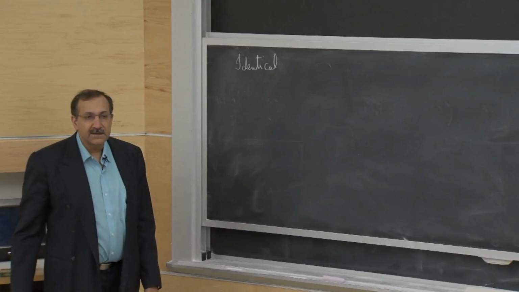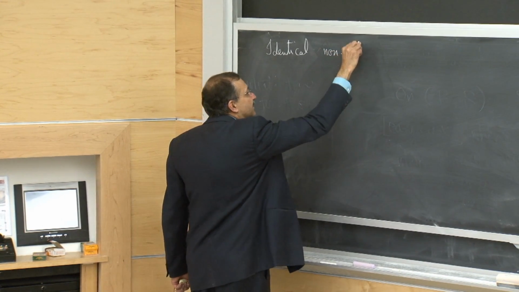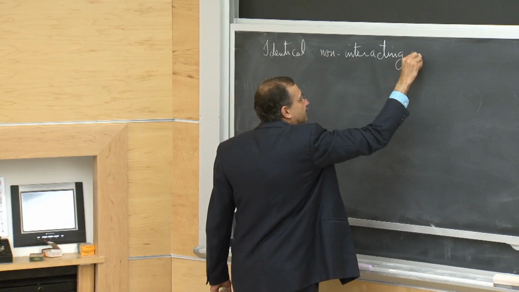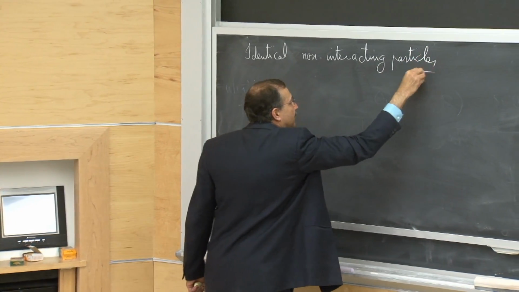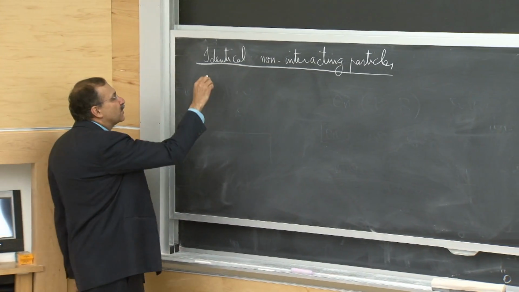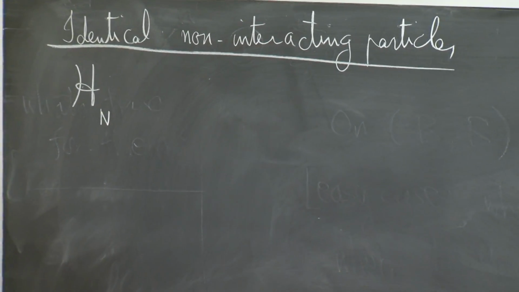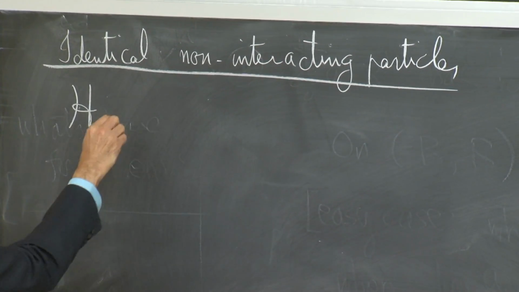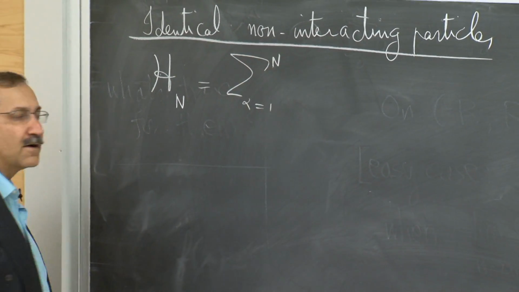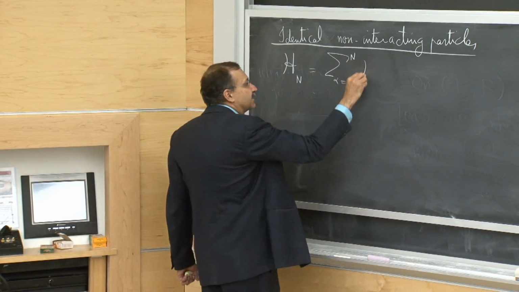Particles in quantum mechanics, in particular, the ones that are identical and non-interacting. Okay, so basically, we were focusing on a type of Hamiltonian for a system of n particles, which could be written as the sum of contributions that correspond respectively to particle 1, particle 2, particle n.